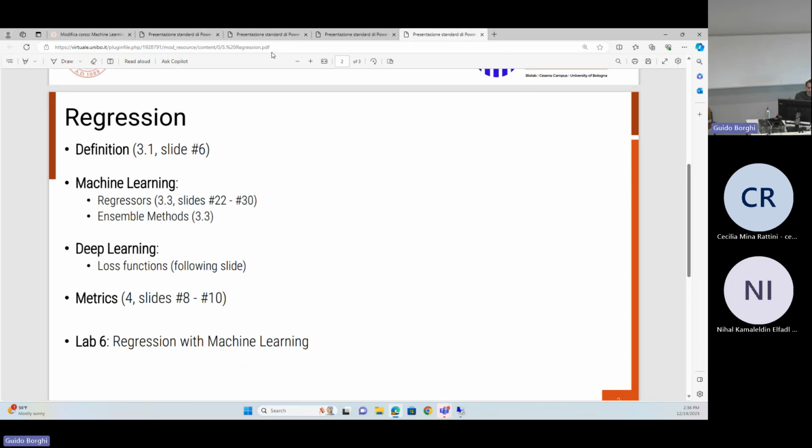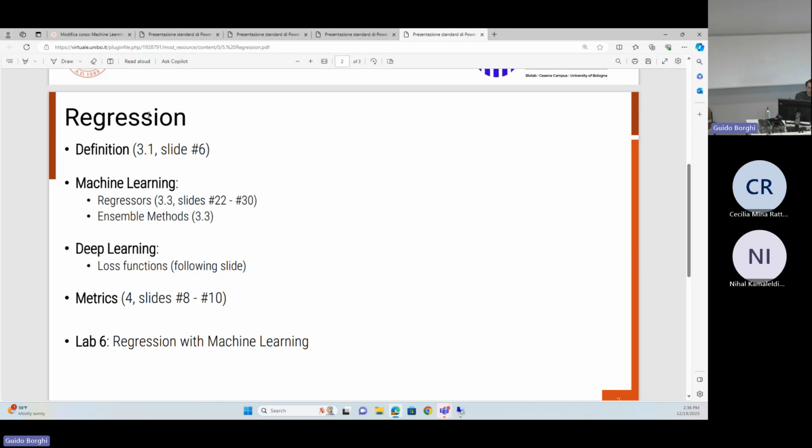Okay, regression in machine learning. As I told you, the theory is the same, since we have classifiers that we can also use for the regression task in their regression version. They are adapted for the regression task. Remember that they are different.